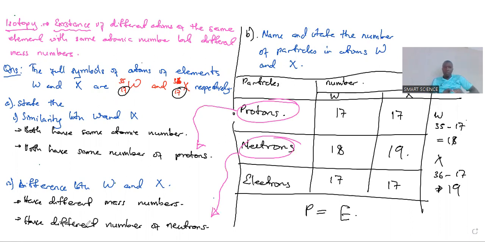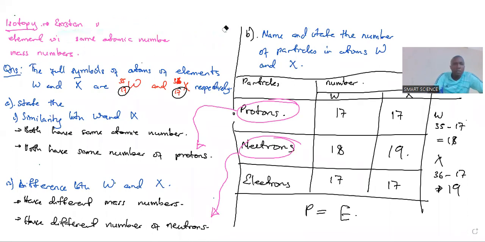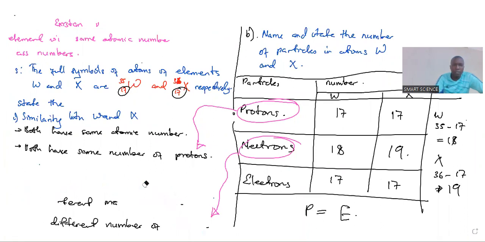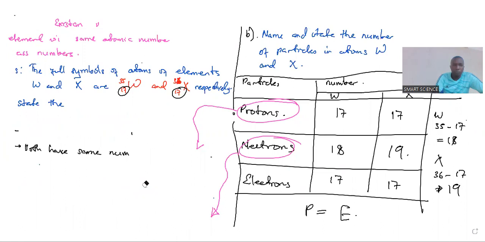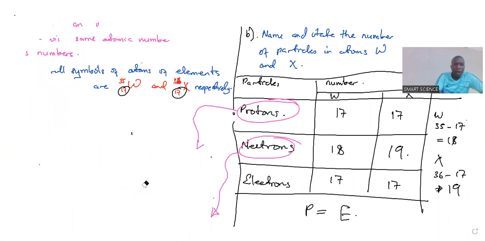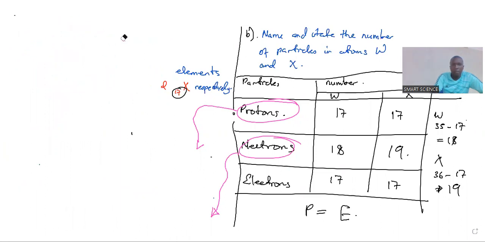So simply that is atomic structure. We can continue with the question with part C on this side, and we'll look at how we can diagrammatically represent the structure of atom W by use of the numbers discussed below.